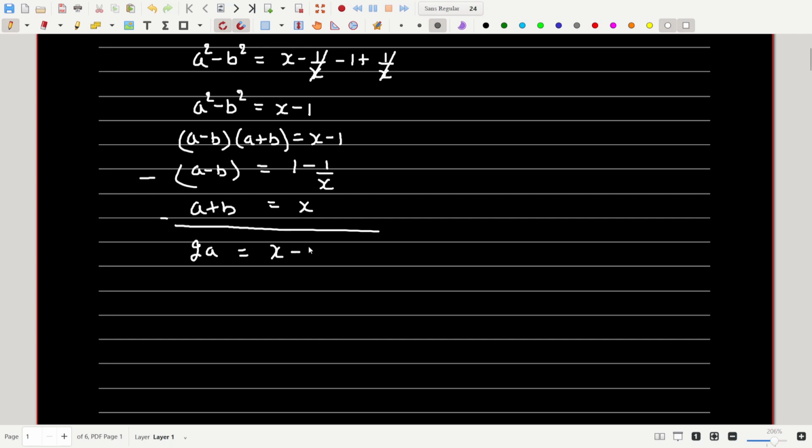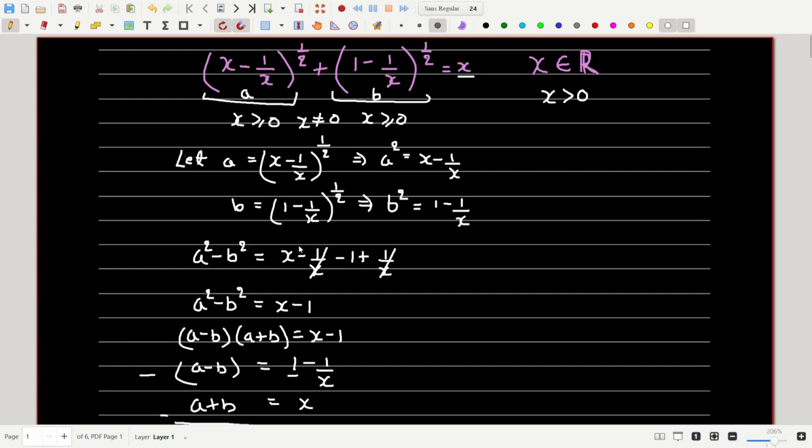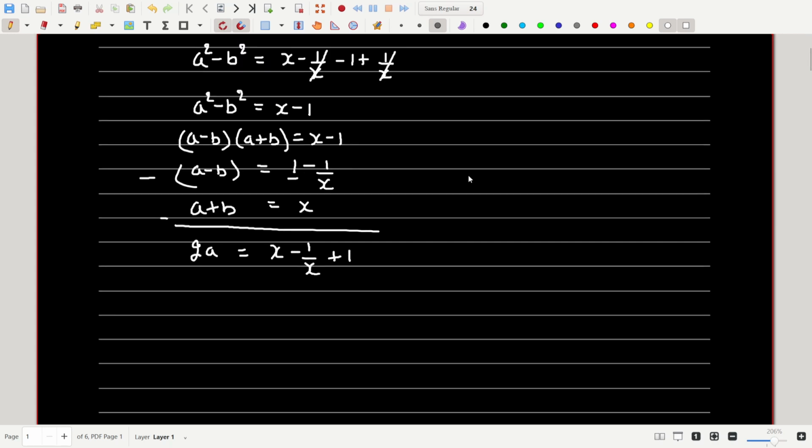I'll write x minus 1 upon x plus 1. And x minus 1 upon x is a squared, because (x minus 1 upon x) raised to the power 1 by 2 is a. So a square is x minus 1 by x. So I can write 2a is equal to a square plus 1.